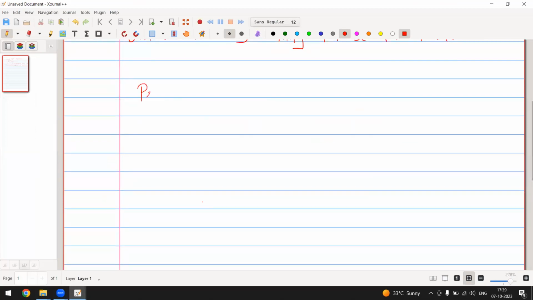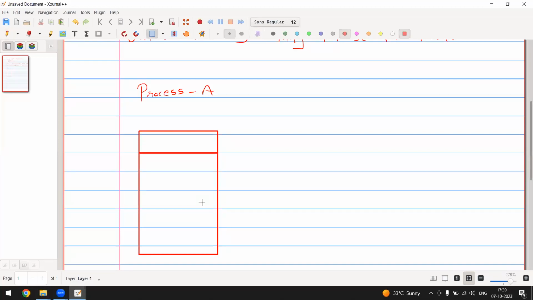So suppose I have this process A. Process A is physically divided into segments. Those segments are unequal in length, like this is one segment, then this is another segment, maybe a third segment, like this.